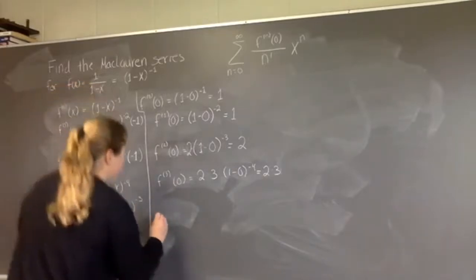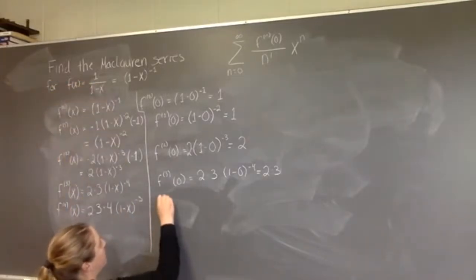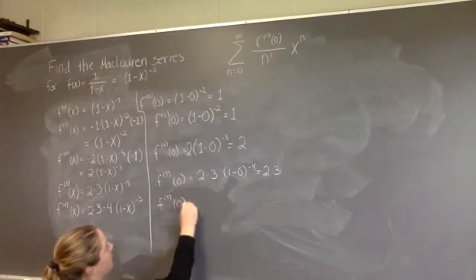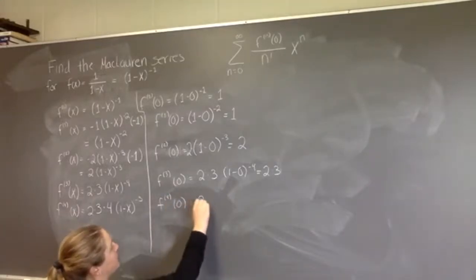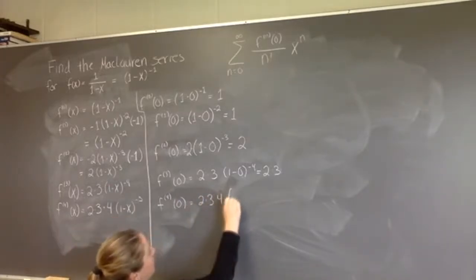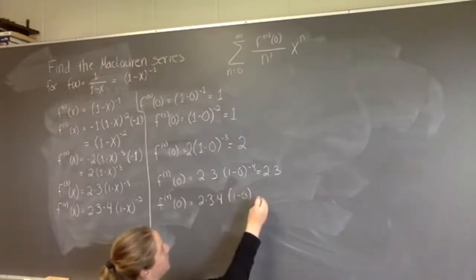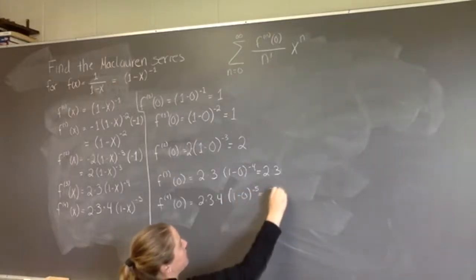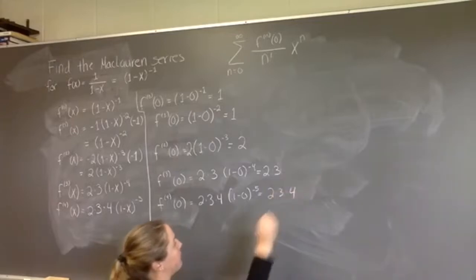So the fourth derivative at 0 is 2 times 3 times 4, 1 minus 0 to the negative 5, which is just 2 times 3 times 4.